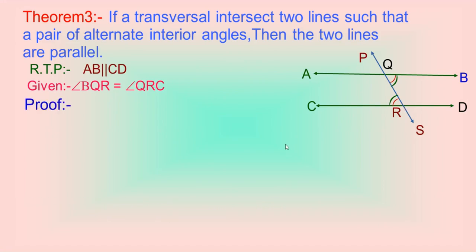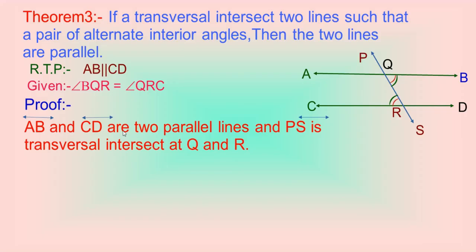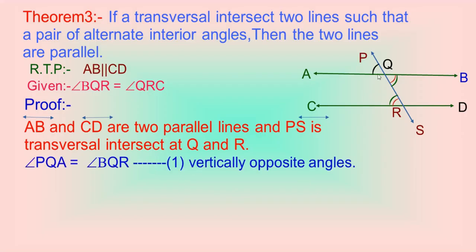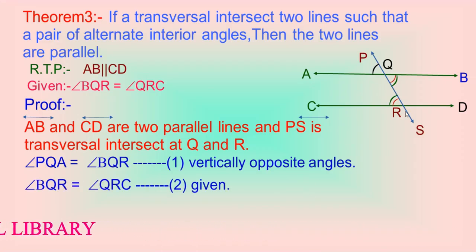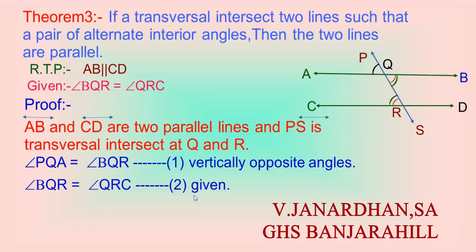Proof. AB and CD are two lines and PS is a transversal intersecting at Q and R. From the figure, PQA is equal to BQR, these two being vertically opposite angles, and BQR is equal to QRC, which is given.